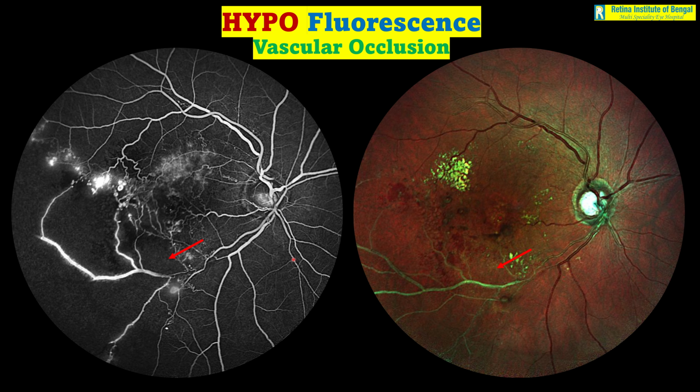But if the arterioles and venules are all clogged up, then you will see something like this, where you have this major branch but no arterioles or venules are seen. So one important cause of hypofluorescence is that blood is not reaching a particular part. Because of vascular occlusion, you can have an ischemia or a black area like this.